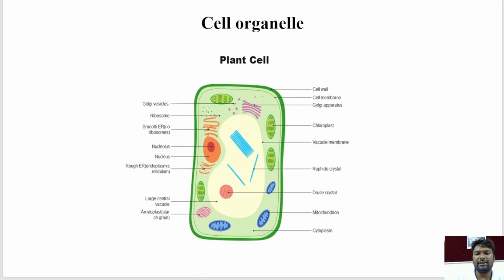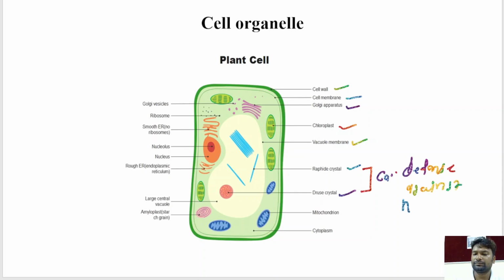You know that plant cells have several cell organelles such as cell wall, cell membrane, Golgi apparatus, chloroplast, vacuolar membrane or vacuoles, raphide crystals, and druse crystals. Friends, these are calcium oxalate crystals which act in defense against herbivores.